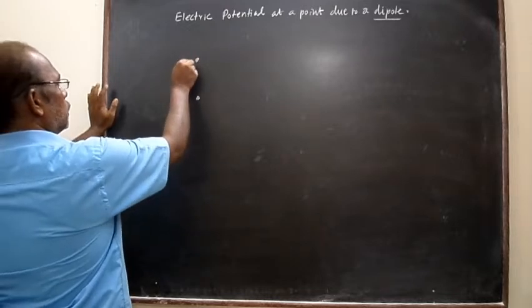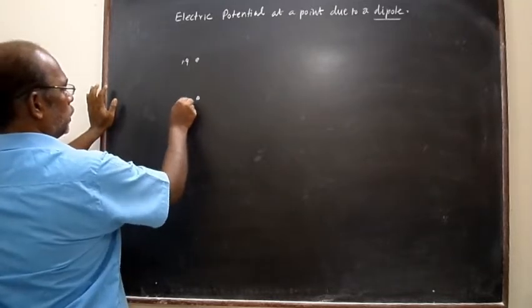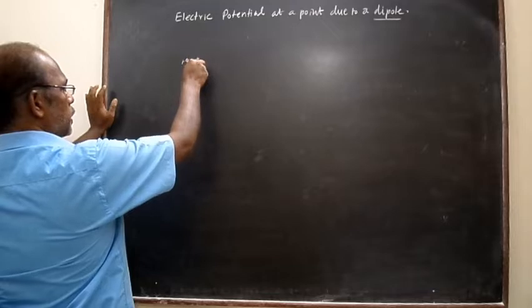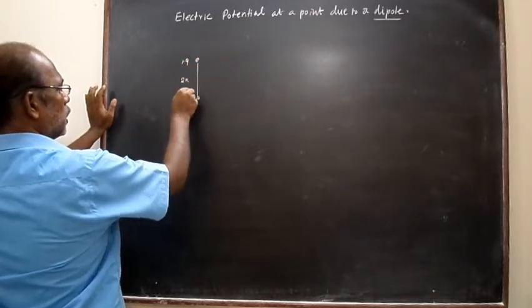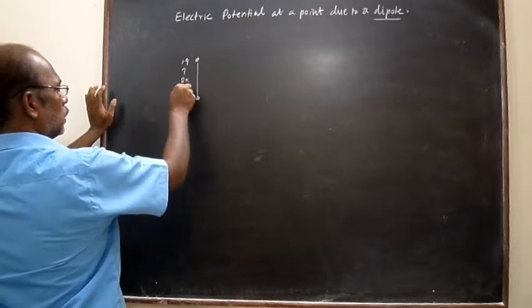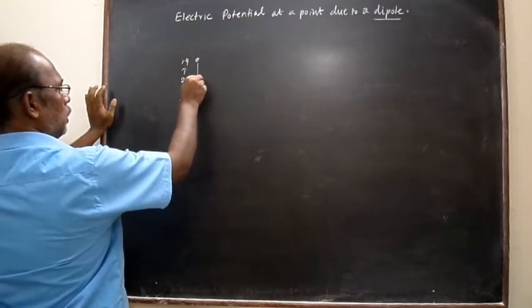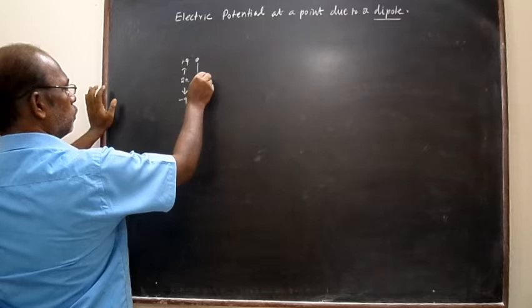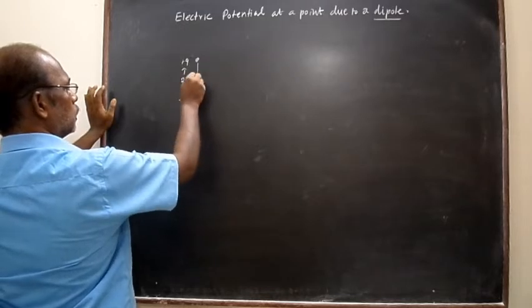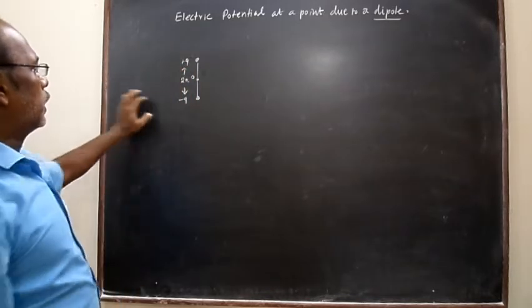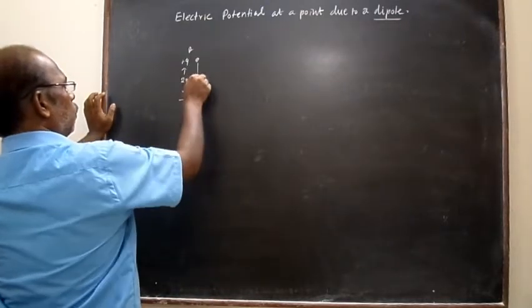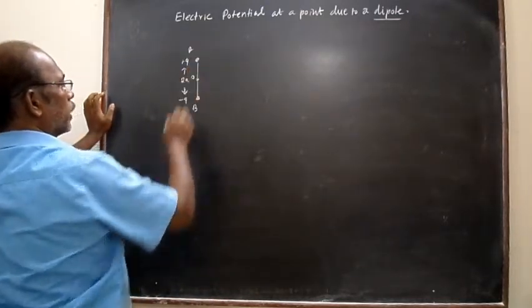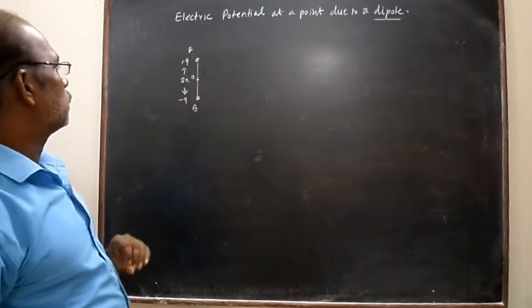So this is plus Q, the other one minus Q. The separation is 2A. The center of the dipole is taken as O. The points A, O, B. Okay, so this is a dipole.